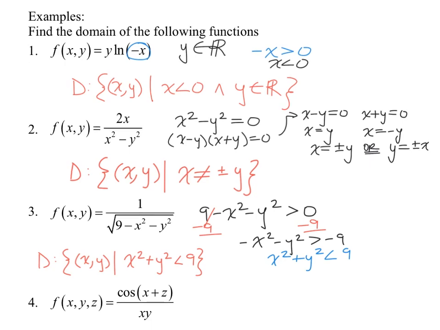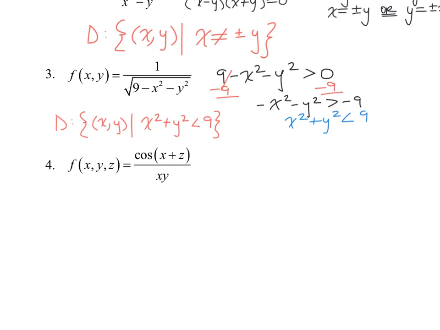Now, number 4, that's an easy one to look at because cosine functions are everywhere continuous, assuming x and z are real numbers. So here I could just jump right to it. My domain, x and y, such that, oh, it's f, geez, I missed it.